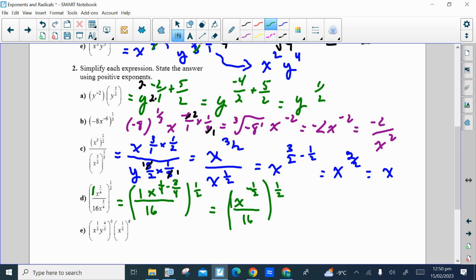So on top, we have one exponent raised to another. What do we do to those exponents, Emil? Multiply. It's going to be a negative times a positive, which is a negative, and you multiply by going top times top, bottom times bottom. 1 times 1 on top is 1, 2 times 2 on the bottom is 4. But we also have to make sure that we take the denominator of 16 to the power 1/2 as well. Everything inside the bracket is raised to the power 1/2.